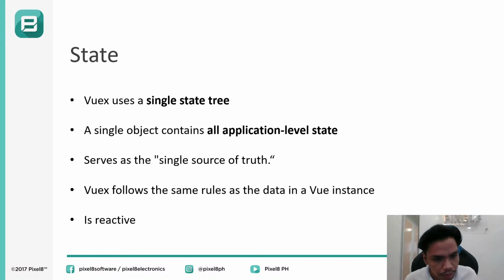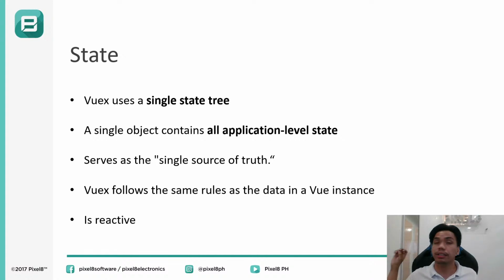Also, Vuex follows the same rules as the data in a Vue instance. You can imagine the data function from the previous live stream. The data is a way of binding values to templates themselves. But the difference is that data is, in a sense, a local state, so it only stores values inside its own component, whereas Vuex stores data from all over the components.